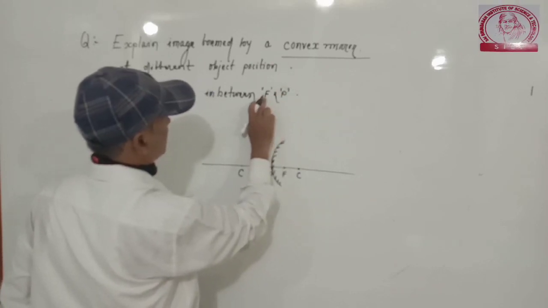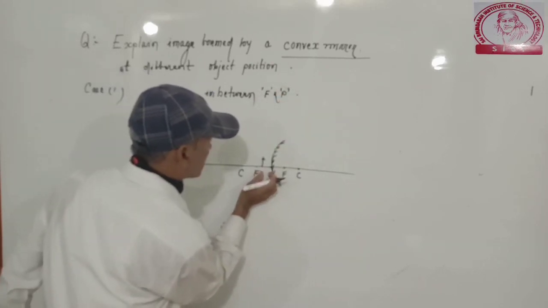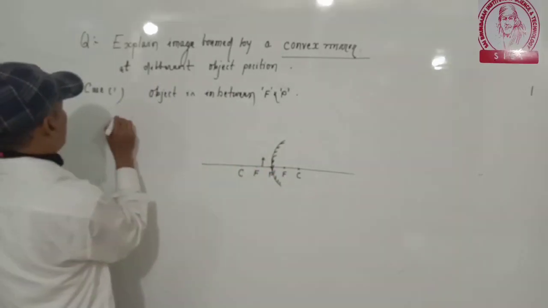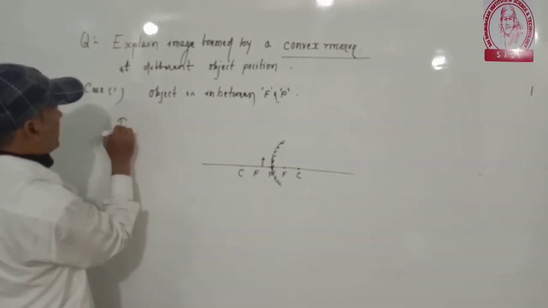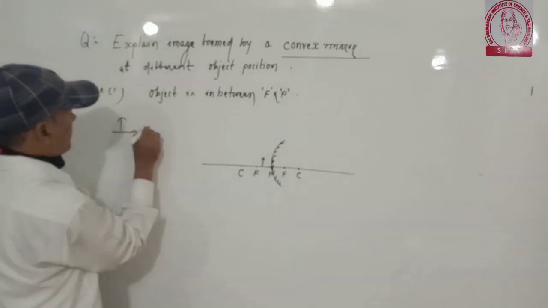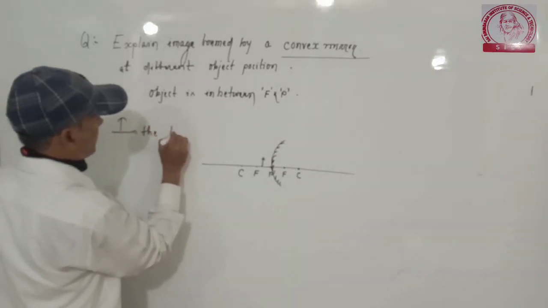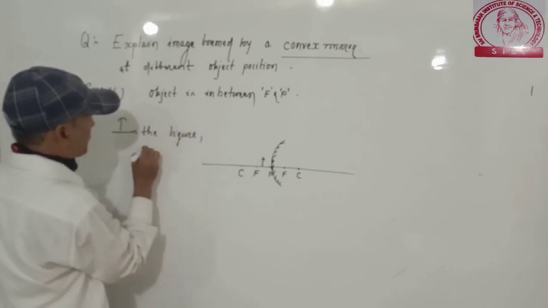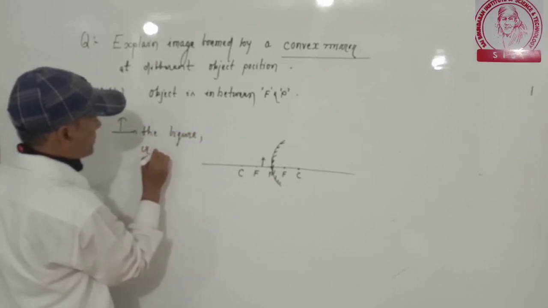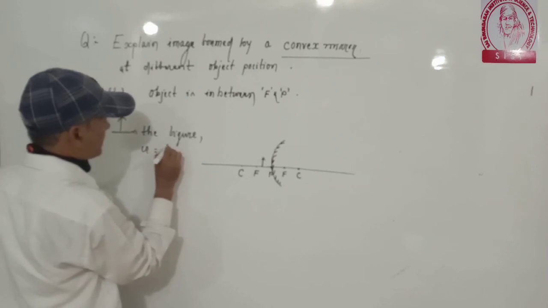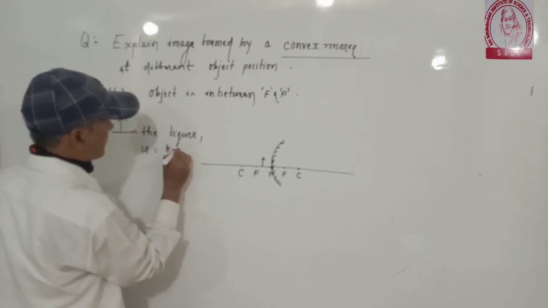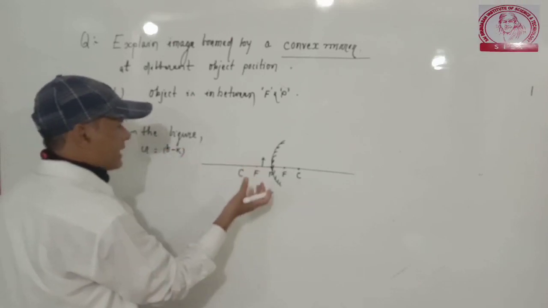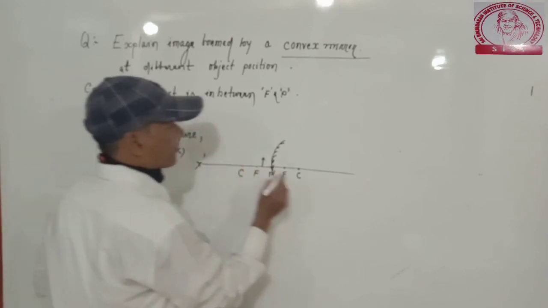So now this length is smaller than f. In the figure, u is less than f, that means f minus k. K is a small value, f minus k, and it is taken on the negative x-axis.